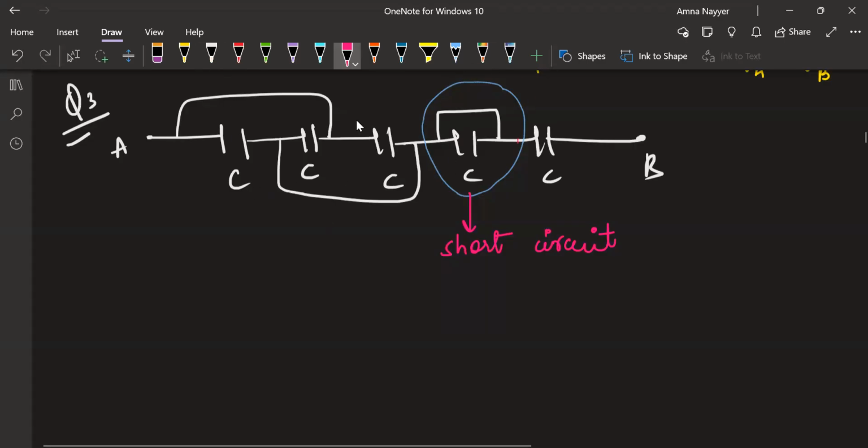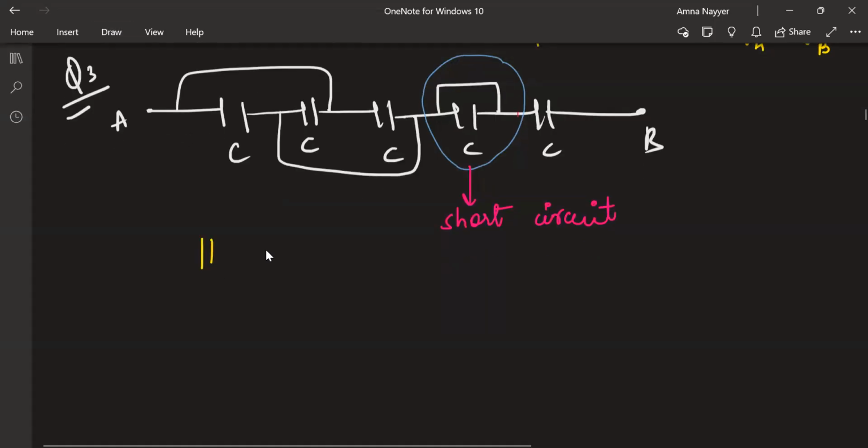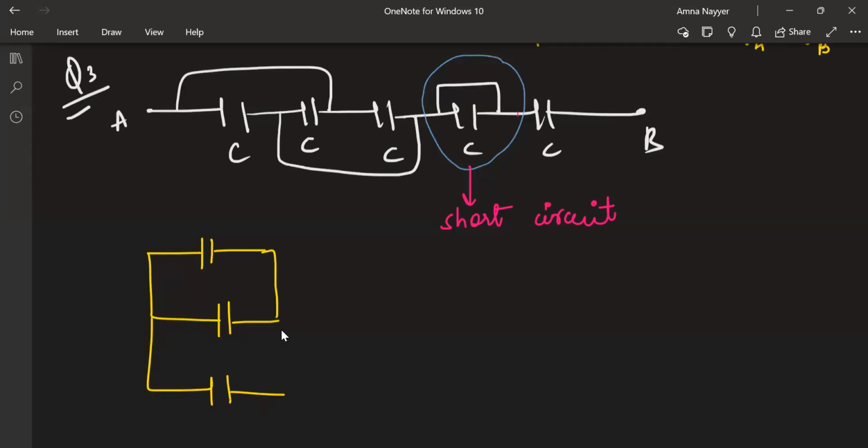Now, this we have already studied, right? If we reduce the circuit, let's say these three capacitors are connected in parallel. And instead of the fourth one, I will just put a wire, and the fifth one will be connected in series with the three. So the three in parallel will give us the resultant 3C for the whole parallel.